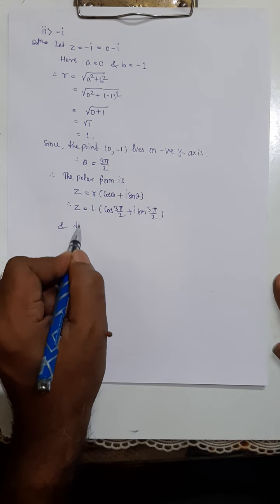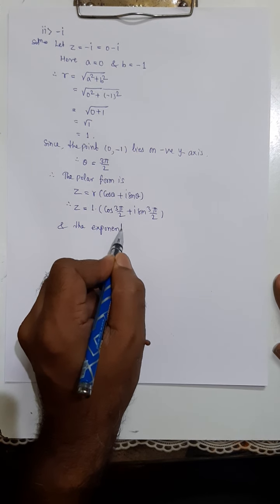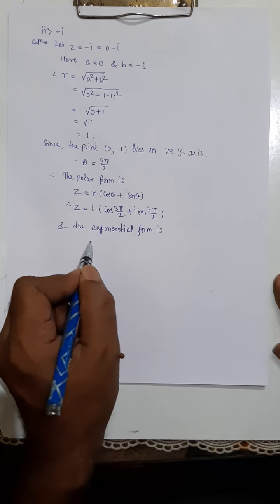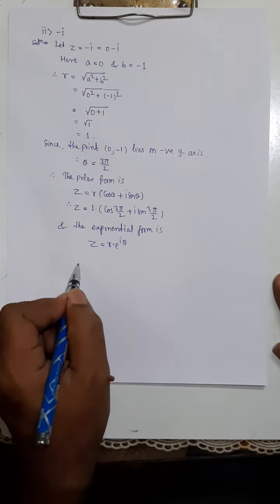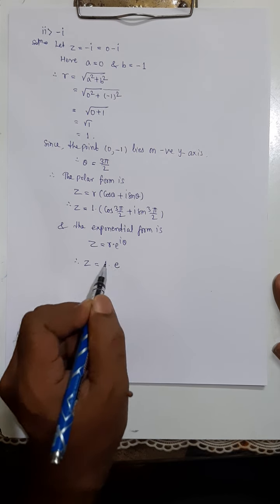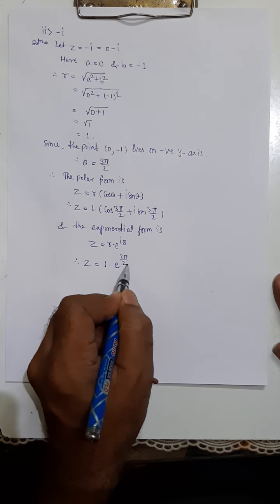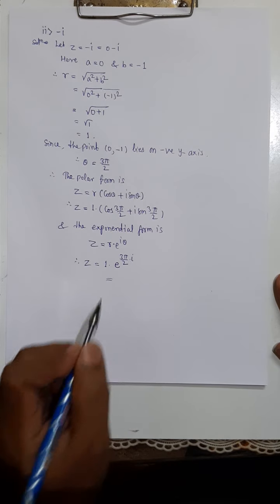And the exponential form: formula is z equals r into e to the power i theta, and therefore z equals, the value of r is 1, e to the power 3 pi by 2 i. And the solution is completed.